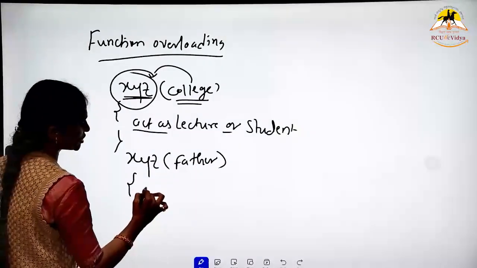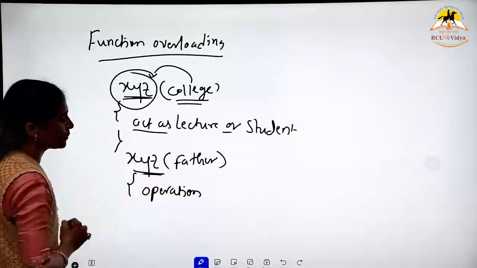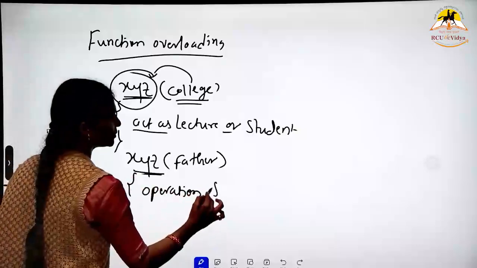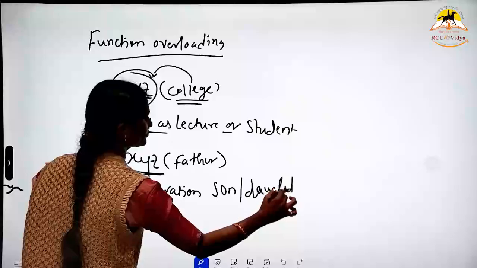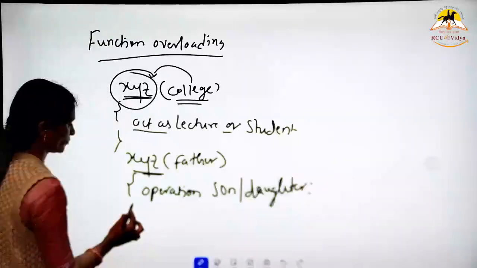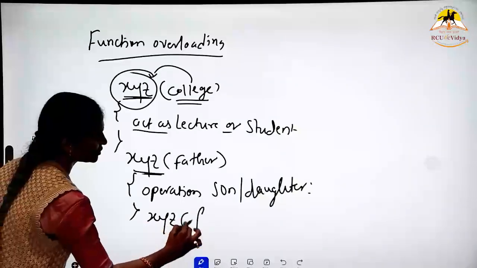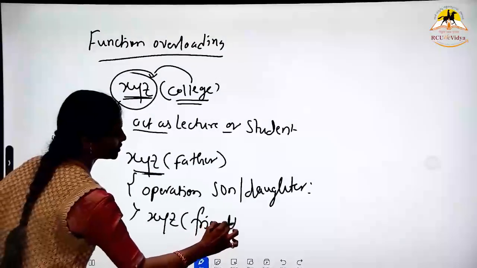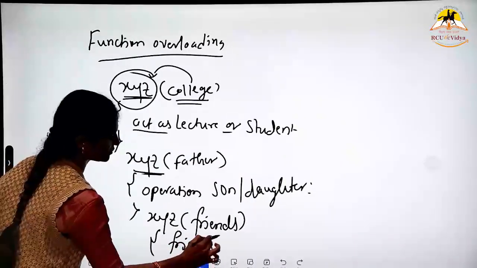what does the operation change to now? The same person acts as maybe a son or a daughter. If I pass friends to the same XYZ person, the arguments are changing, then he or she acts as a friend.